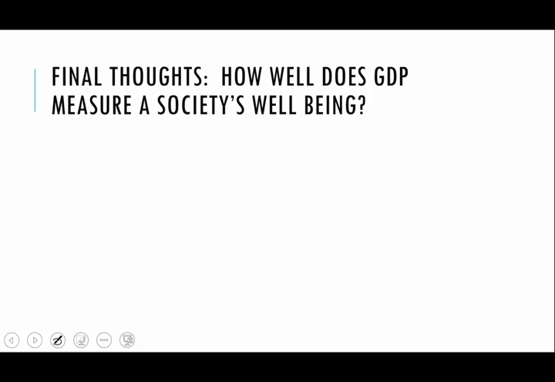And so it's time now for the final thoughts, which is how well does GDP measure a society's well-being? But that's not something I can answer in a tutorial. It's not something I can actually answer for you. But I hope that you'll take some time to think about it, and even more as the semester progresses and you find different ways when it's used and different things that it's used for.